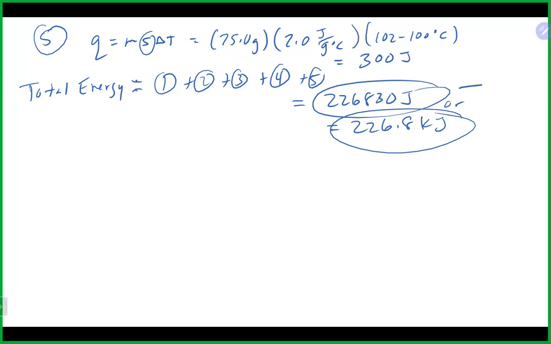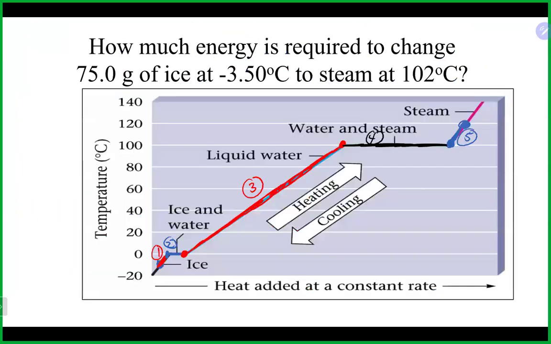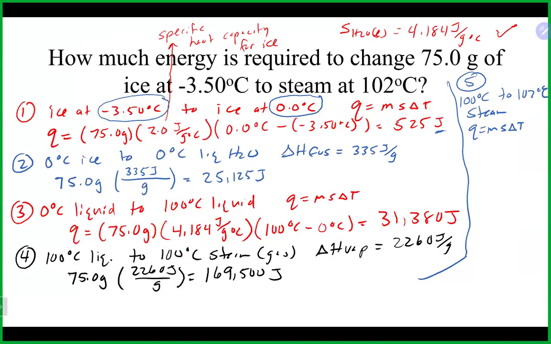So again, anywhere where you're changing the temperature, same phase, specific heat equation. Anywhere, same temperature, different phases, heat of fusion or vaporization. By the way, if I did this exact problem and the only difference was I was going in this direction, started as steam and ended at liquid or ice, what would be the only difference?